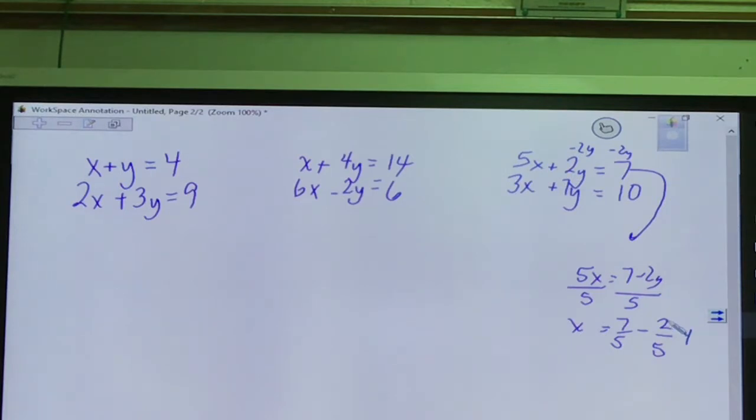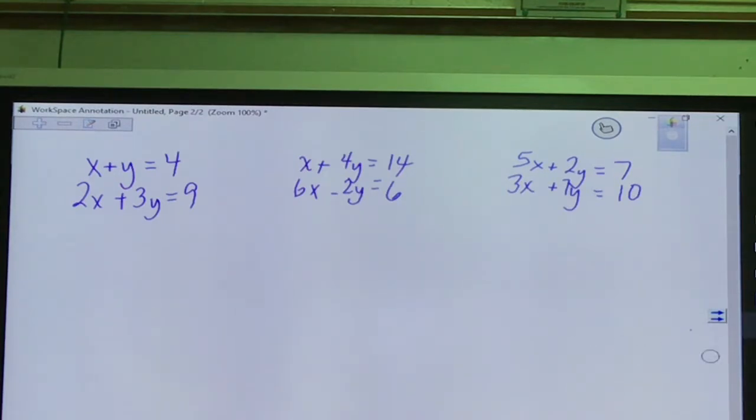If we could choose between fractions or integers, I think all of us would choose whole numbers or integers. Not that we can't do fractions, but whole numbers and integers make us think a little less. So like I said, I would do elimination for this one.